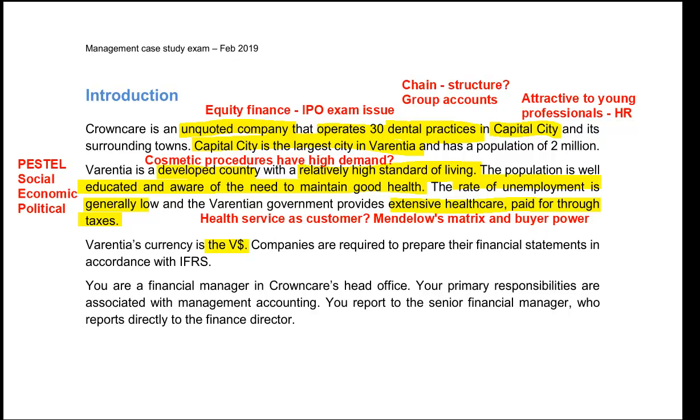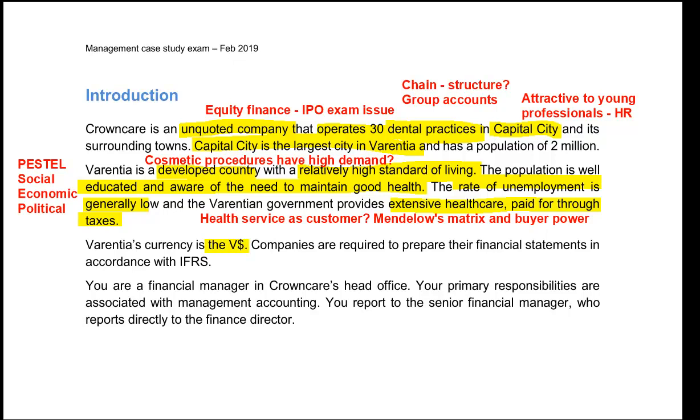So Crowncare, when they expand, are going to be using exchange rates, and there'll be a variety of currency risks involved, such as translation and transaction risks. Though dealing with them is not super important at this level, we do have to recognize them and provide mention in our evaluation.